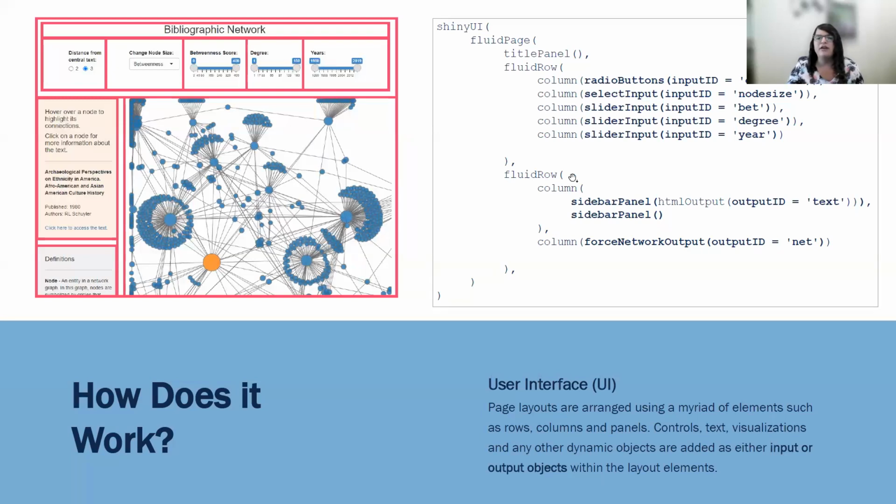It determines where that output is going to exist. And notice we also have output IDs. The whole idea behind having these input IDs and output IDs is that when we get into the server code, we can reference those IDs. And that's how these different elements in the UI and in the server are able to interact with each other.